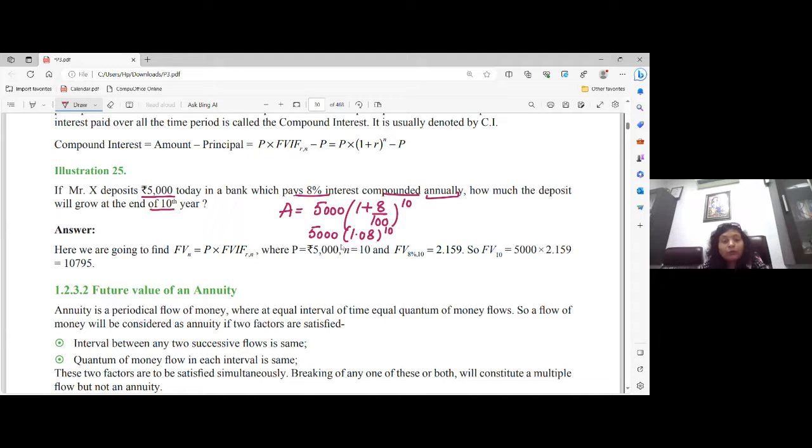Now the most important thing is how to find out 1.08 to the power 10. You can easily find it using a calculator. First we write 1.08, multiply, equal to, and this becomes the square. So 1.08 multiply equal to, this becomes 1.08 square.